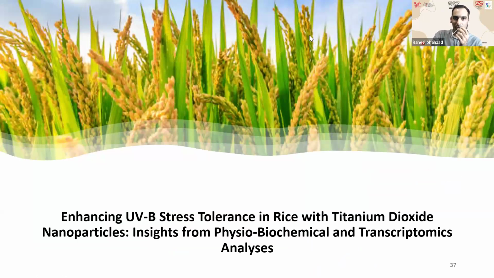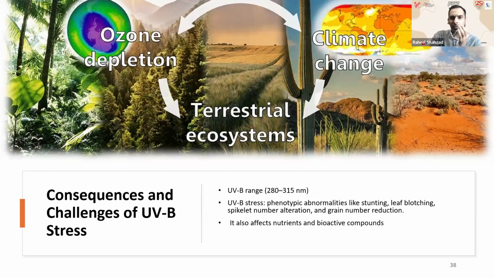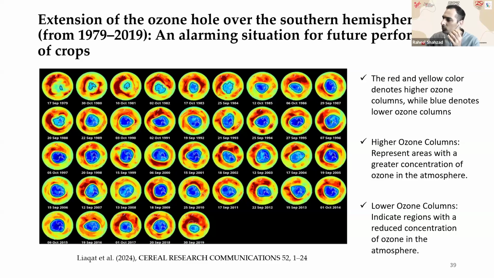If we come to the case study where we used titanium dioxide nanoparticles, we were basically interested in whether these nanoparticles can boost UV tolerance. I will not go through this because we have a short time left.